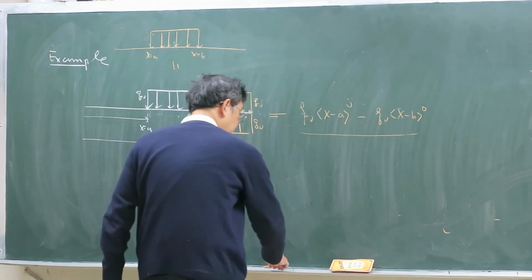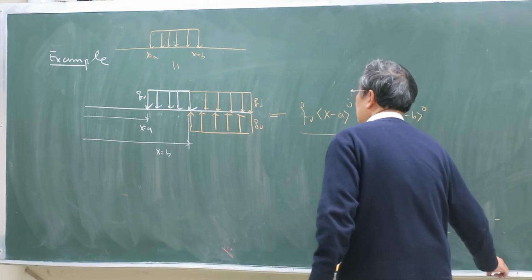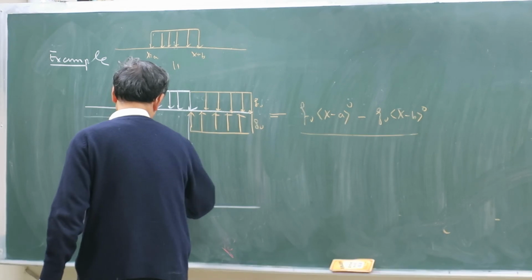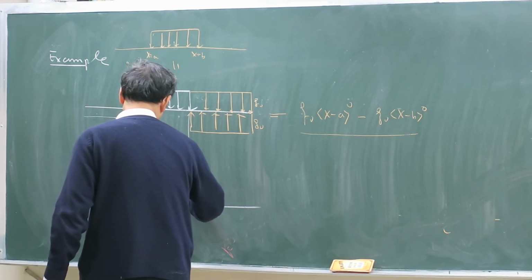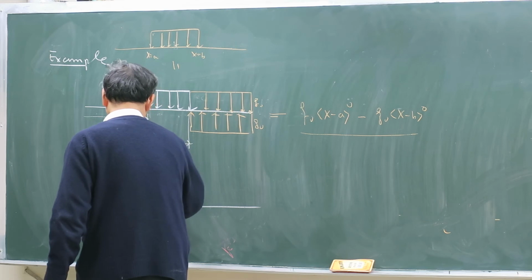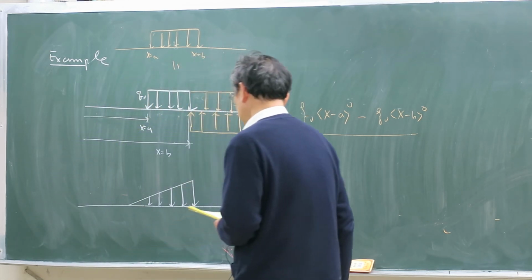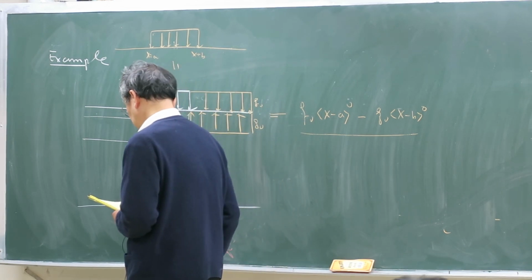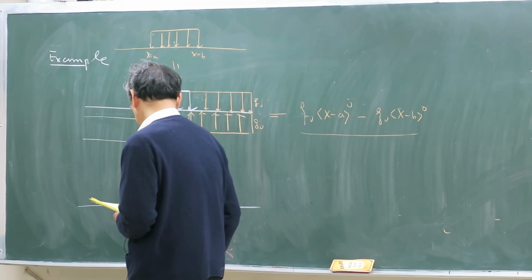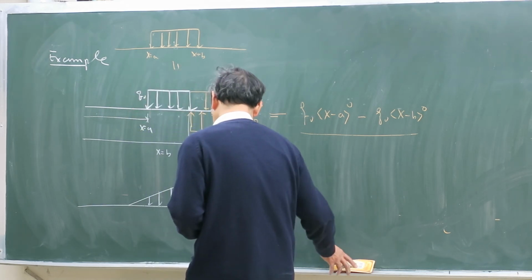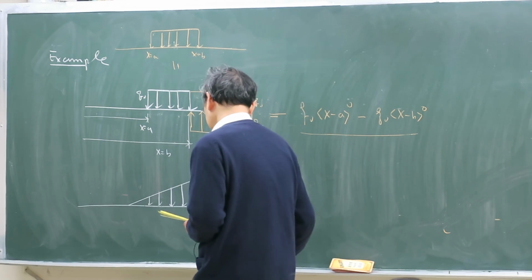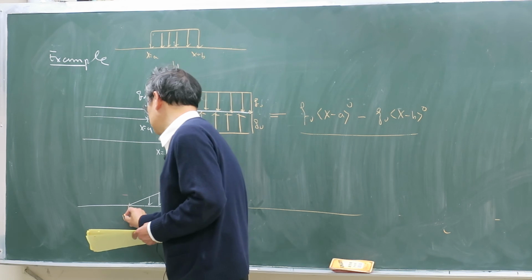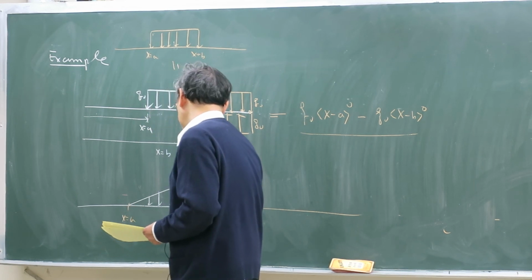Then for triangle loading, okay, and this is equal to what? Equal to, for example, this is x equal to a, x equal to b.